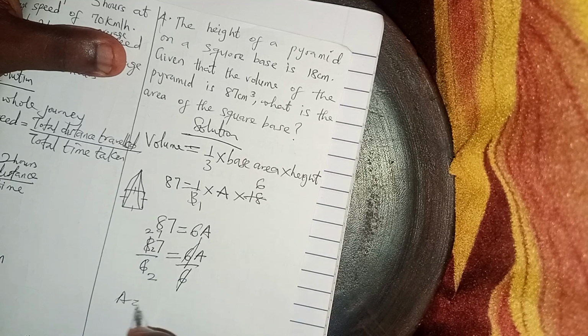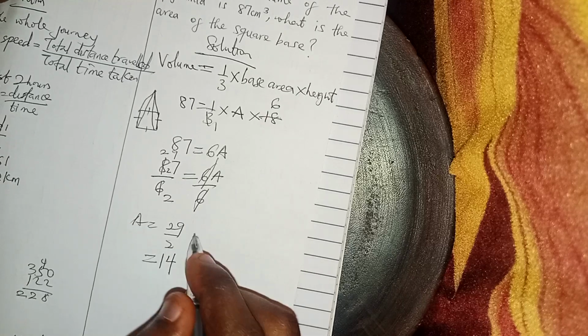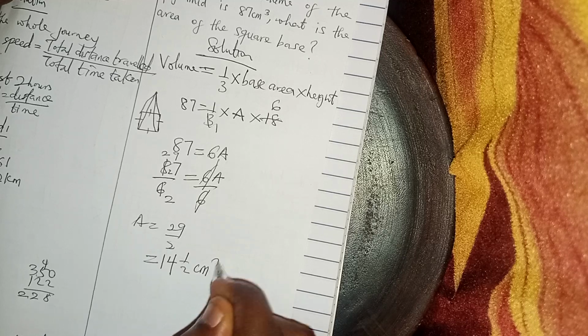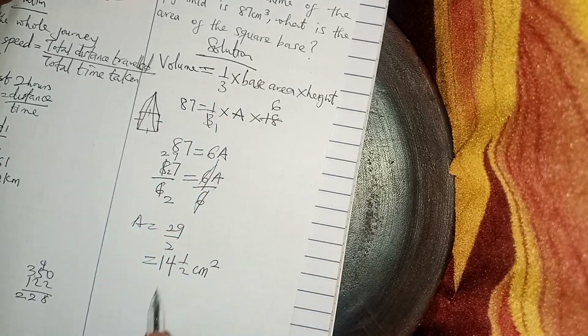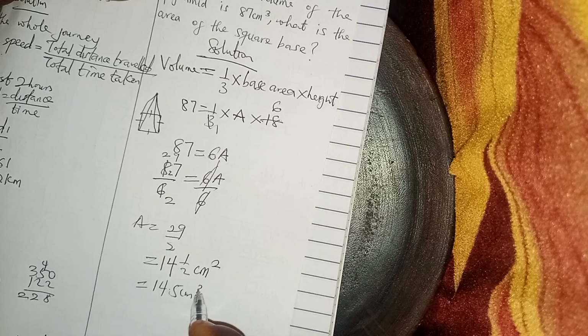So we have A equal to 29 over 2, which is the same thing as saying 14 and 1 over 2 centimeters squared, because we're talking about area. You can also say it is 14.5 centimeters squared.